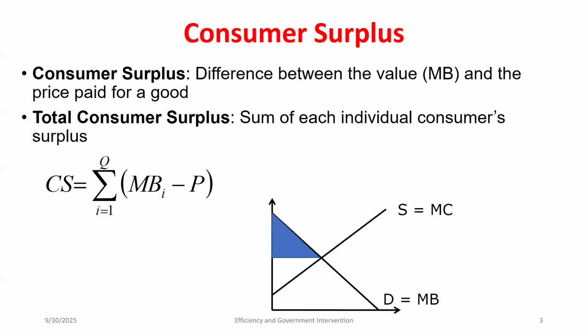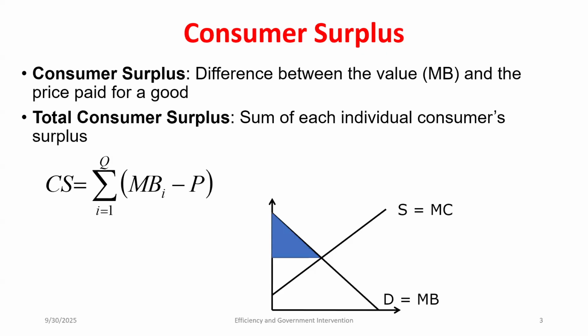Every single one of those units will have some positive consumer surplus. Because if consumer surplus was negative, or the marginal benefits were below their marginal cost, would they buy that? No, right? So we know that consumers will stop here. This is going to represent our consumer surplus, okay?